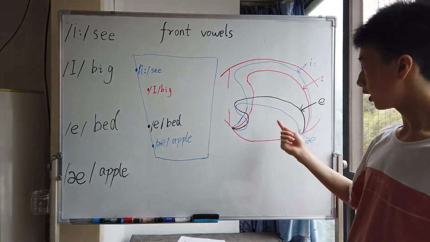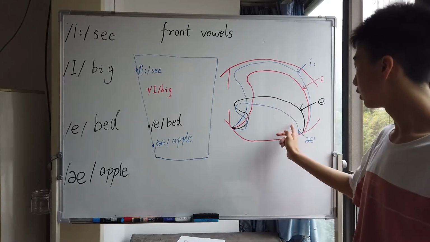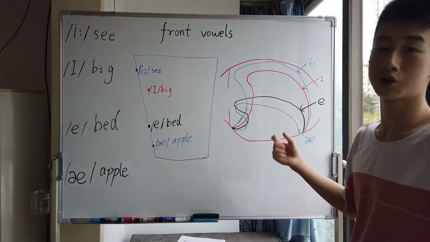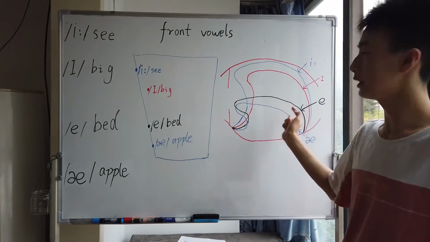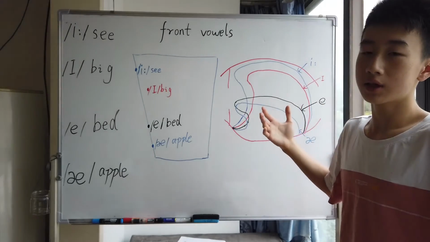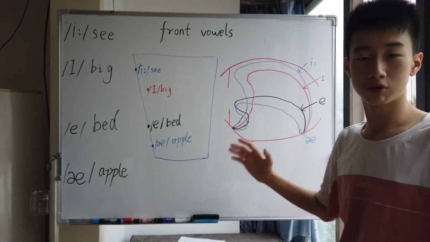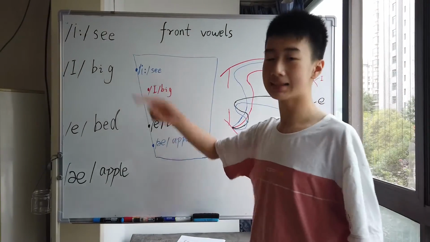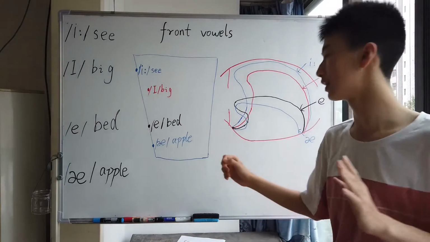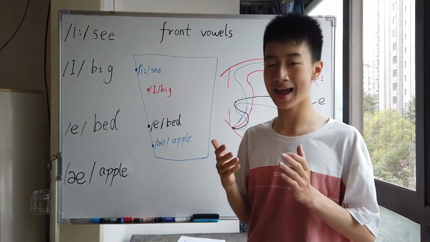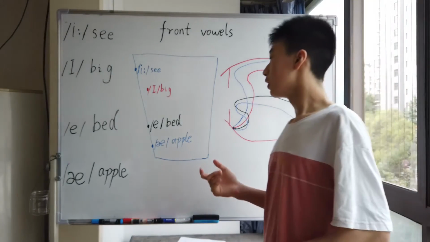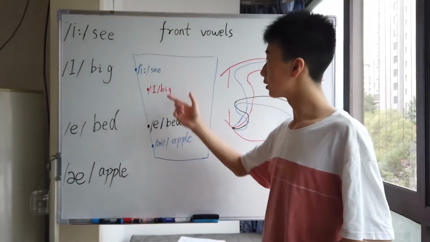So I've illustrated here that this one is lower, but there isn't really much of a difference. You have to open your mouth up. Both of those sounds are really tense, and you would tense up even your vocal cords too. So basically, that's how we pronounce the four sounds.